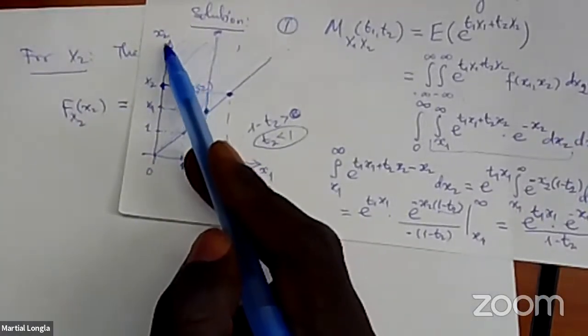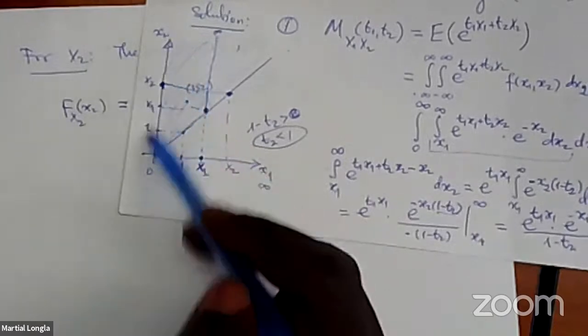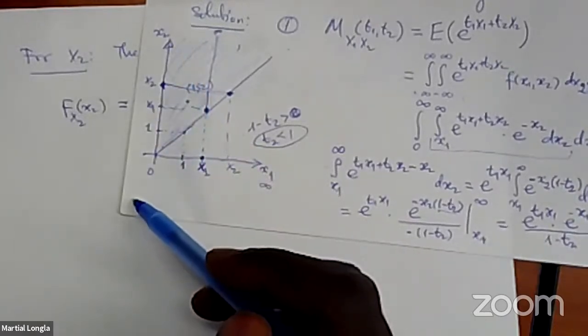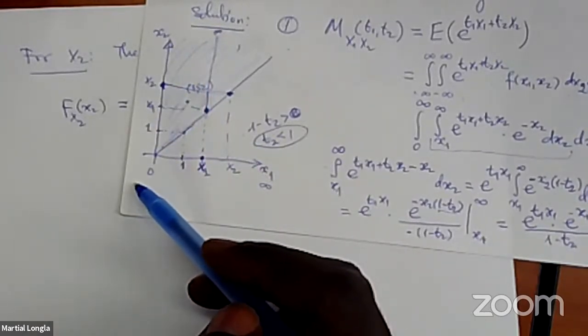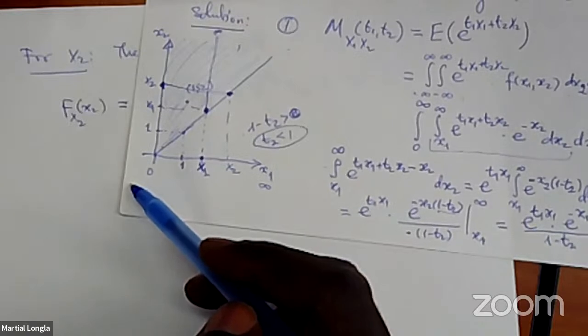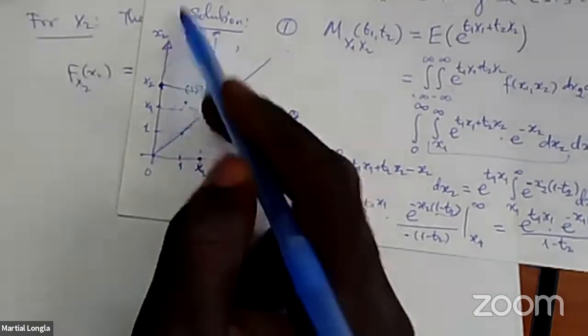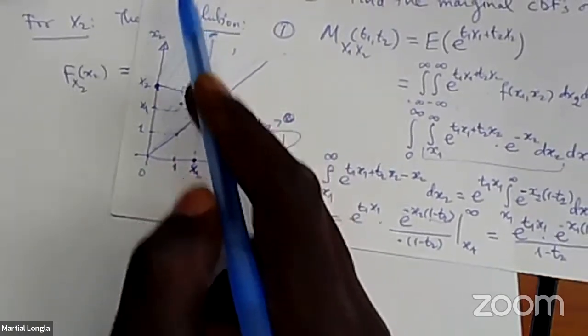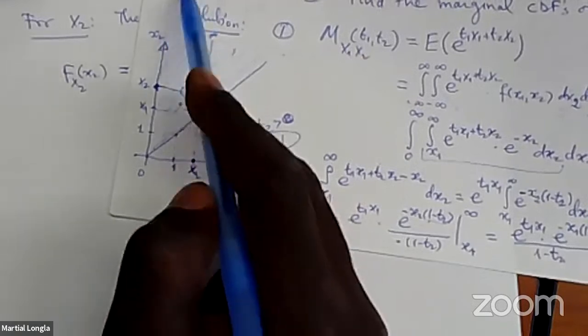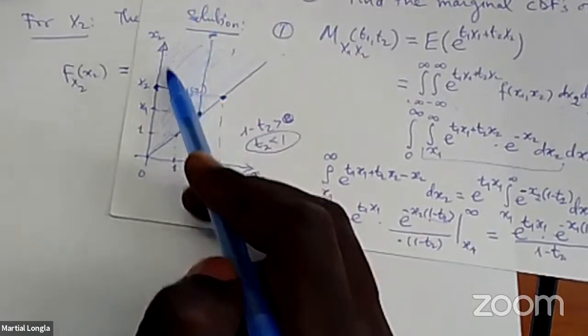What's the range of x2 once it's fixed? Where do you fix x2? 0 to? Is there a boundary there? 0 to infinity.